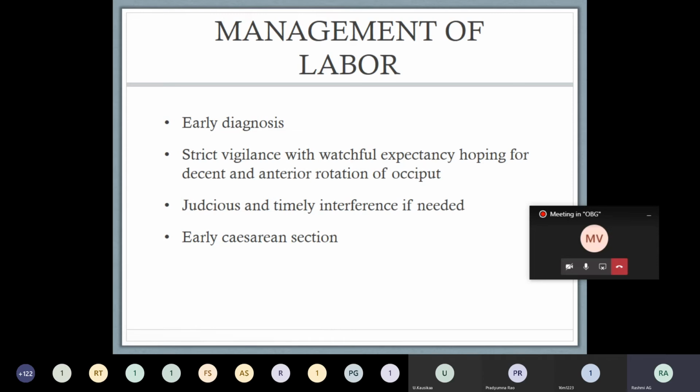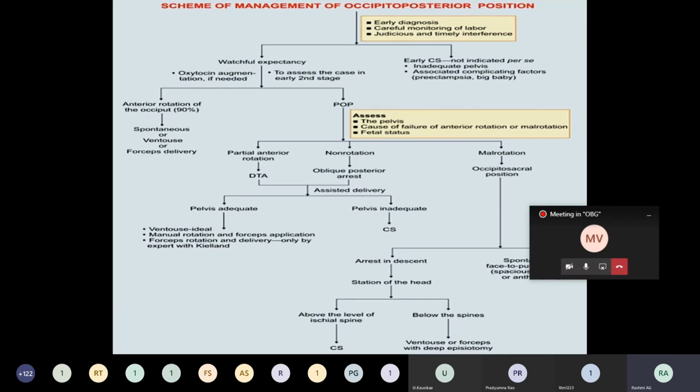And sometimes we have to plan an early cesarean section if there is no progress. So this is the scheme of management of occipital posterior. It's just a quick review of whatever I told you till now.